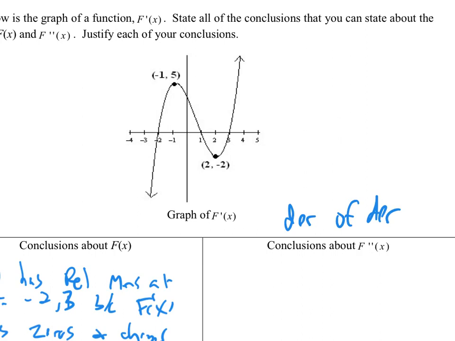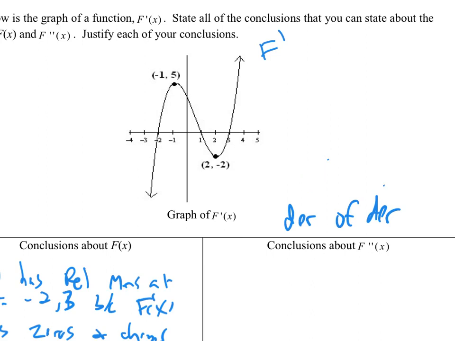So it's no different than saying, let's pretend that this is f prime. What does it say about, this is f double prime. What does it say about f prime? You can go backwards. Derivative of the derivative, let's see.